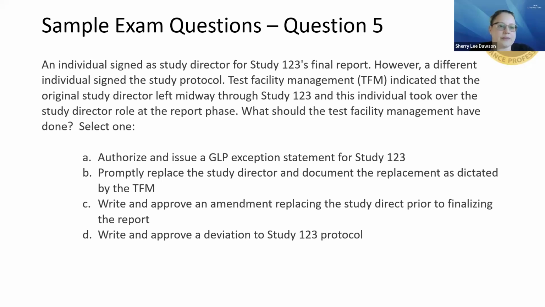Select one. Authorize and issue a GLP exception statement for study 123. Promptly replace the study director and document the replacement as dictated by the TFM. Write and approve an amendment replacing the study director prior to finalizing the report. Write and approve a deviation to study 123 protocol.